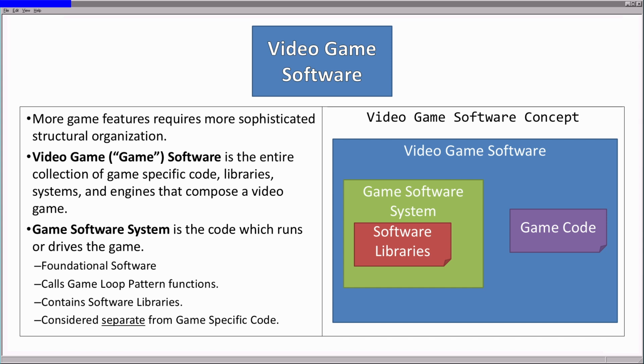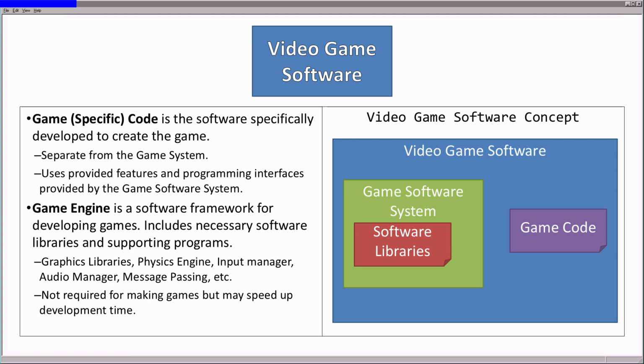It contains software libraries that is used to write game-specific code. However, this is commonly considered to be separate from the game-specific code. As mentioned, it is foundational code that we build our specific game off of. A game engine provides many of the features common in most modern games.